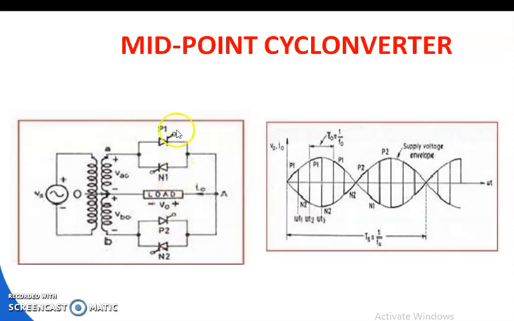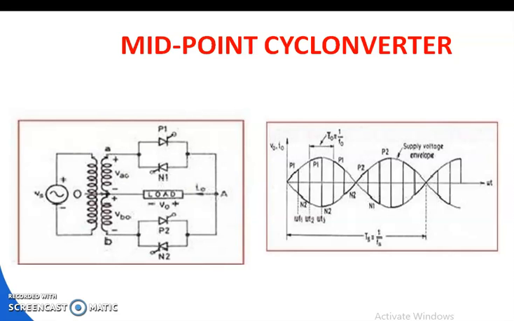See that out of the four thyristors, P1 and P2 are the positive group, and N1 and N2 form the negative group, because P1 and P2 conduct only during the positive half cycle, and N1 and N2 conduct during the negative half cycle. Hence P1, P2 belong to the positive group and N1, N2 belong to the negative group.